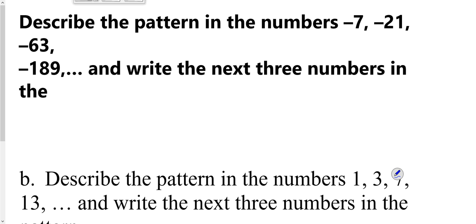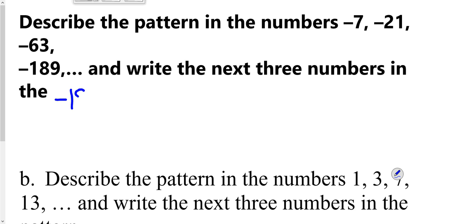Okay? So let's try multiplying -21 by 3, and we'll get -63. So that might be our pattern if we multiply by 3. So -63 times 3 is going to give us -189. So that looks like what we need to be doing.